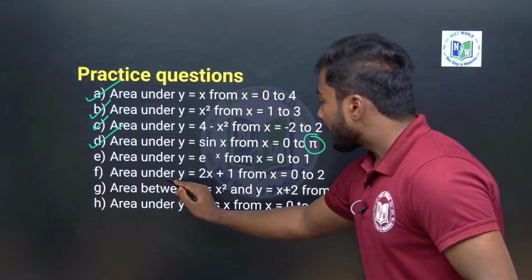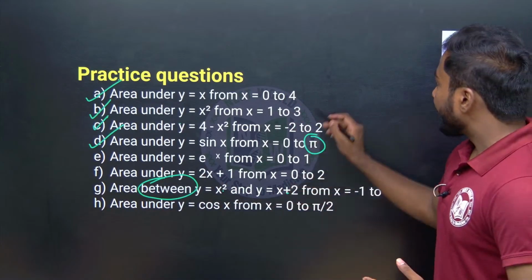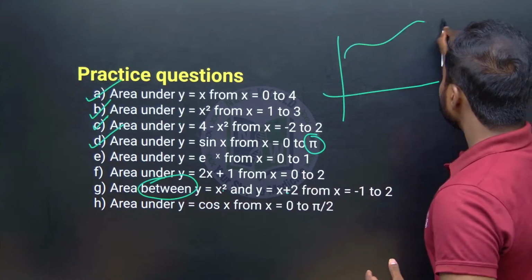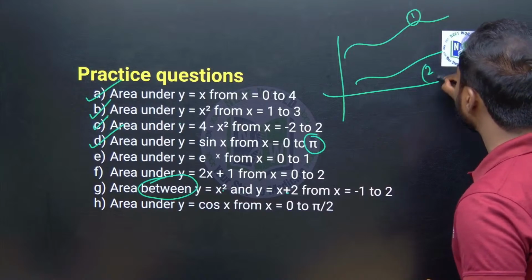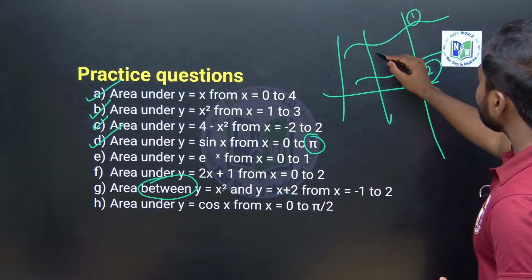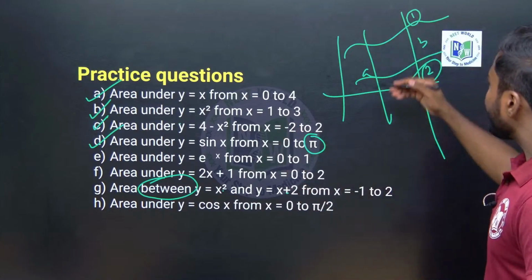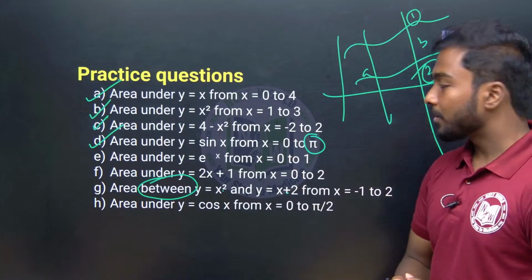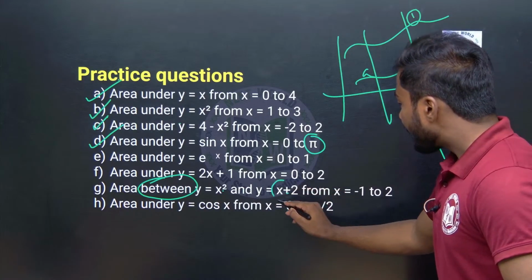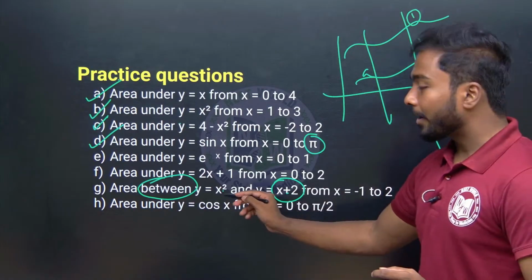They are saying area between, not area under. Between in the sense there are two graphs. For example, this is the first graph and this is the second graph, and they have given the limits a and b. So the area between the two graphs: I should take x plus 2 as the first graph and x square as the second graph.